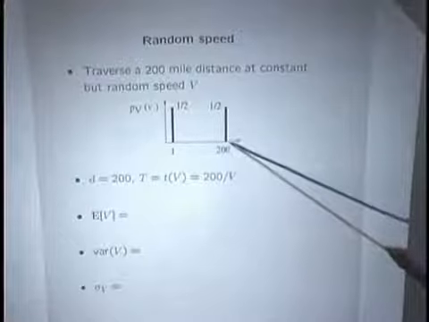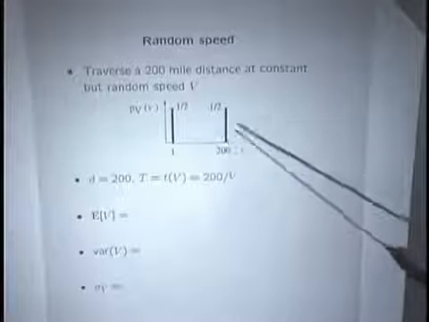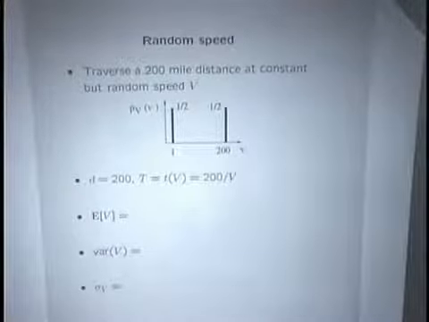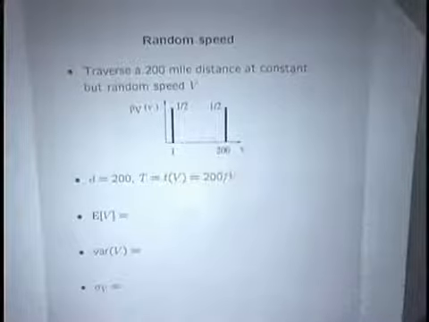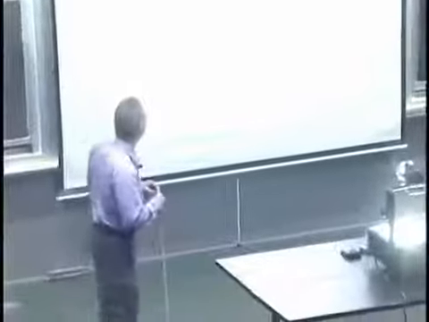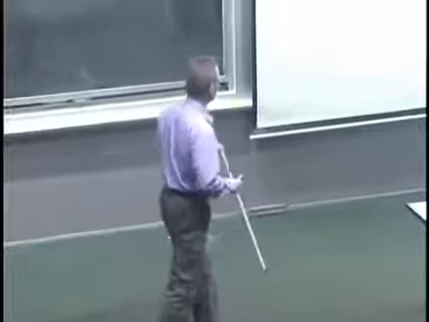Either you'll get your private plane and go at a speed of 200 miles per hour, constant speed during your trip, or otherwise you'll decide to walk really, really slowly at the leisurely pace of 1 mile per hour. So you pick the speed at random by flipping a coin, and with probability 1/2 you do one thing, with probability 1/2 you do the other thing. So your v is a random variable.